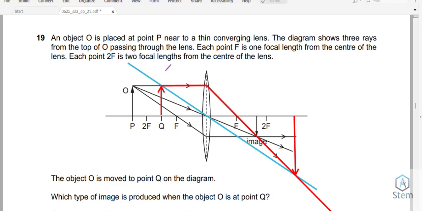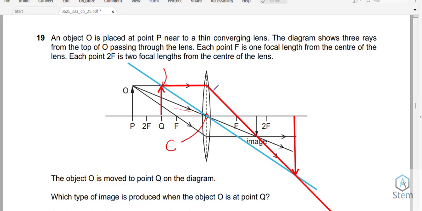There are straight lines, one which is starting at the head of our object. It passes through the optical center of the lens. So this is the first straight line, which is blue, that I drew.